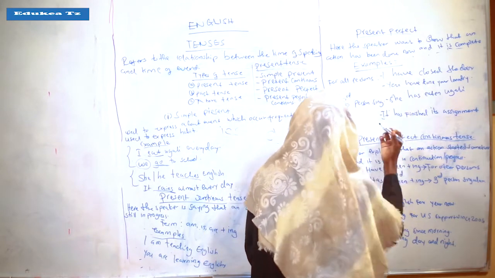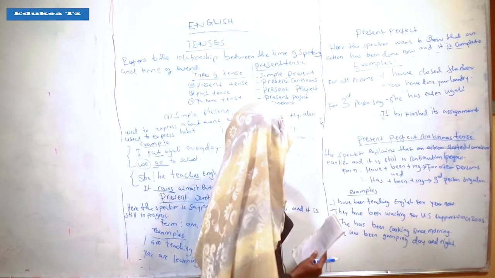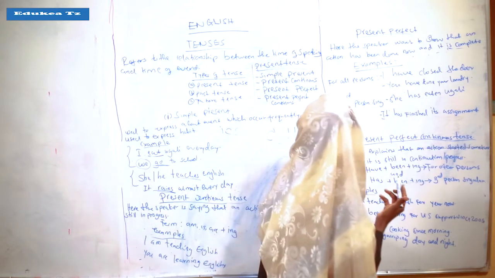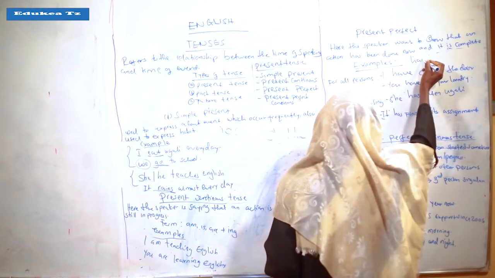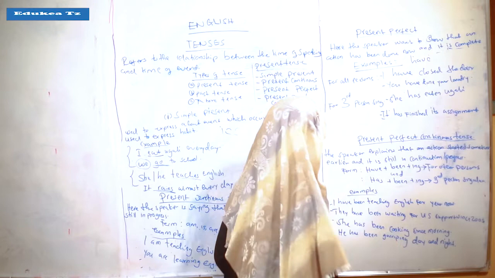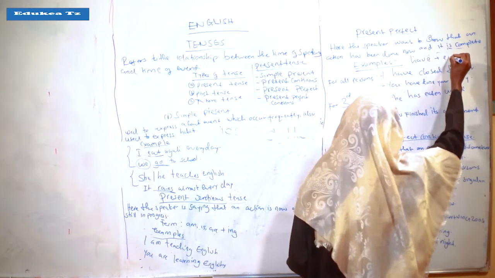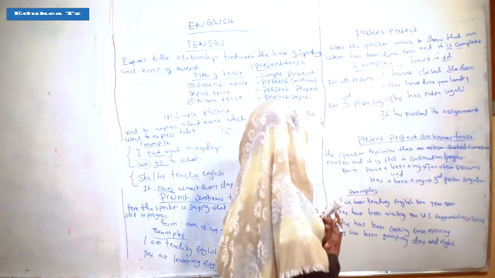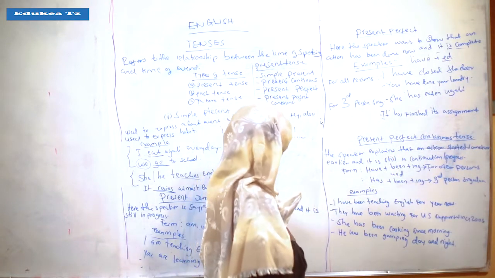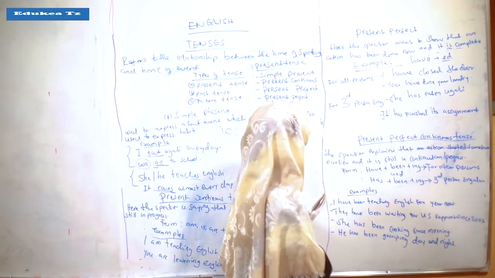For example, for all persons, we use have plus ed in the verb form. That is, the verb stays in the passive way.